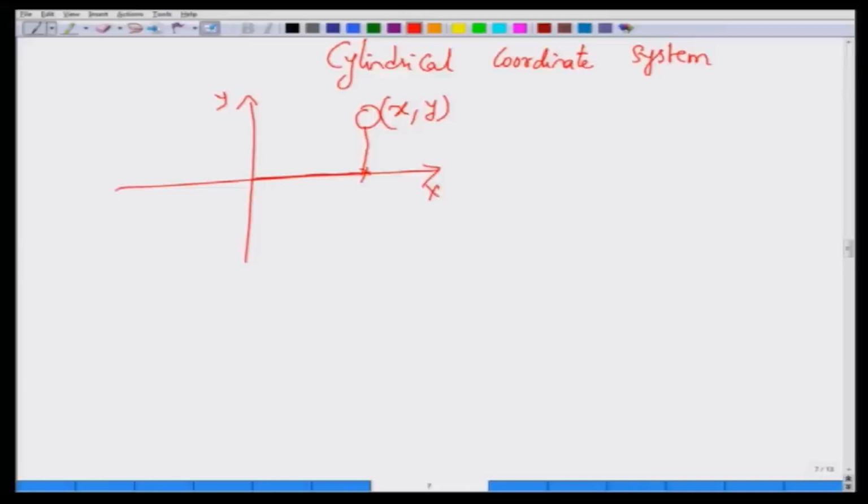Is there another way of specifying this location of the house? Answer is yes. Instead of specifying the distances to move along x and y, why not I specify the distance from the reference or the origin to the house and the angle of the road, assuming that there is a road at that particular angle, what is the angled road that I have to take in order to reach that house, correct.